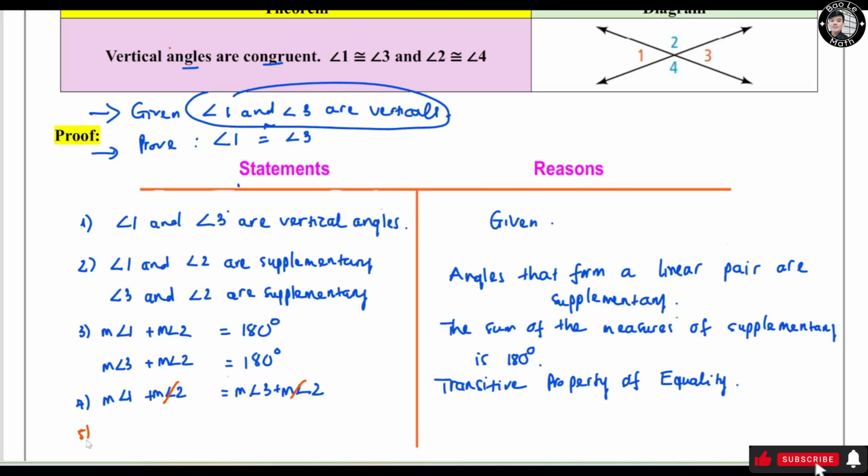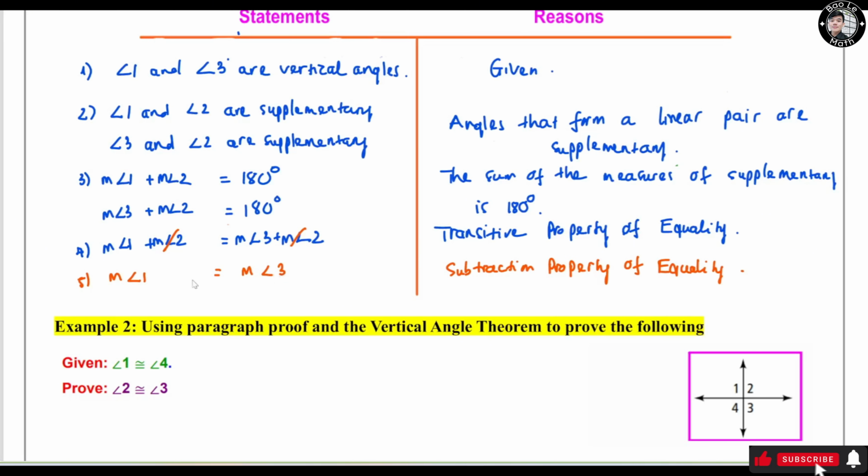So we have step number 5: the measure of angle 1 equals the measure of angle 3. This is the subtraction property of equality. Now, since the measure of angle 1 equals the measure of angle 3, we can conclude that angle 1 is congruent to angle 3. This is called angles with the same measure are congruent.